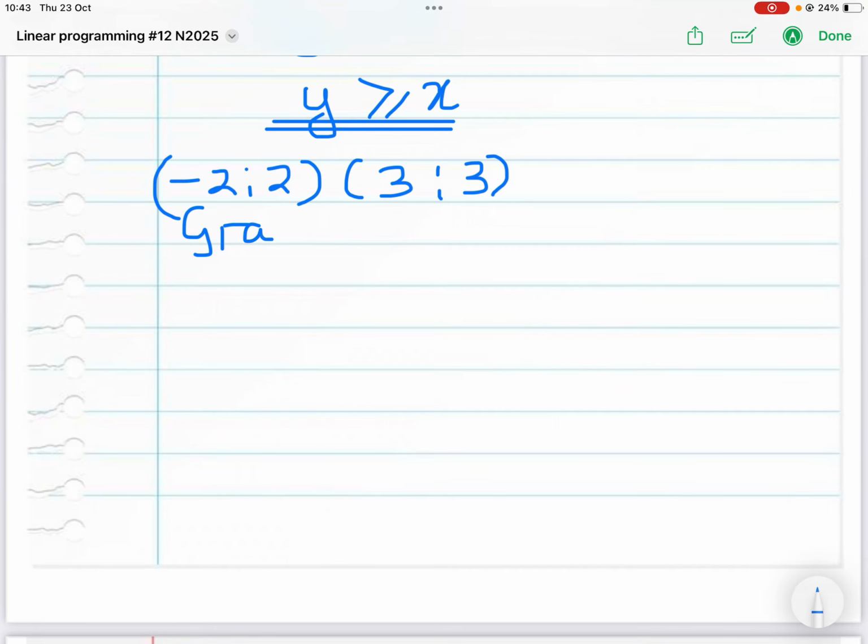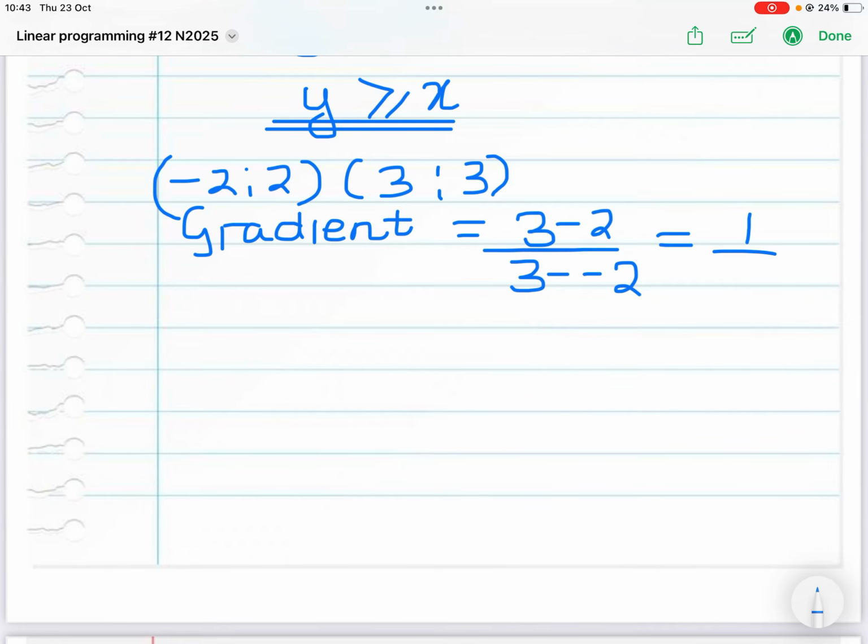Let us find the gradient. Gradient, we say change in y over change in x. So 3 minus 2, we get 1. 3 minus -2, we get 5.